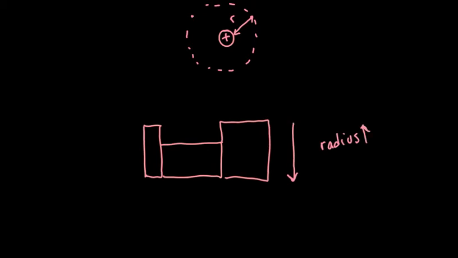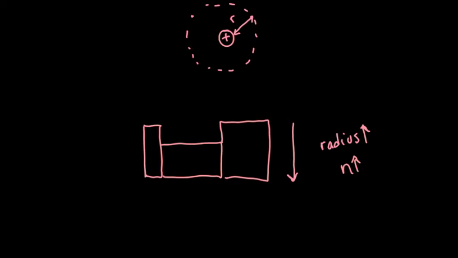So the radius is going to increase as we go down the periodic table, and this is because the value of n is increasing. As we go from the 2p subshell to the 5p subshell, we're getting farther and farther away from the nucleus because our value of n is increasing.